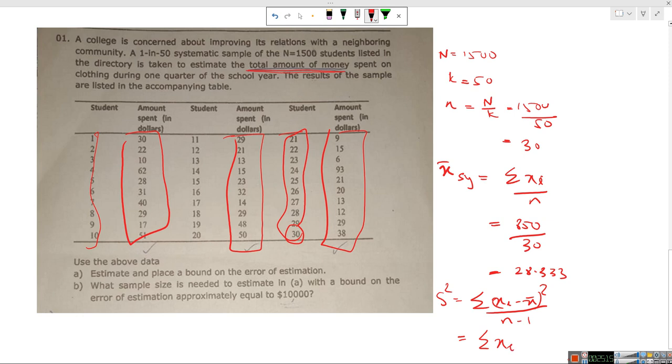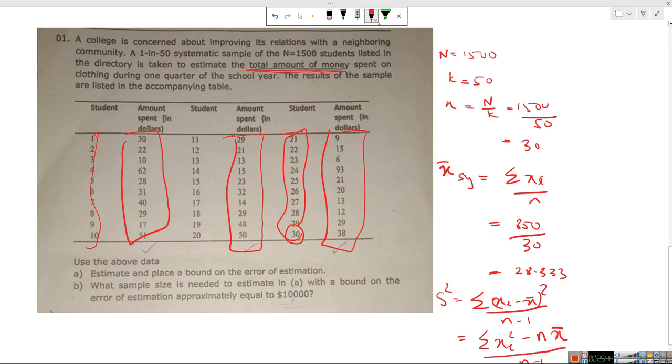Summation xi squared minus n into x bar squared, which since we have known x bar, divided by n minus 1.